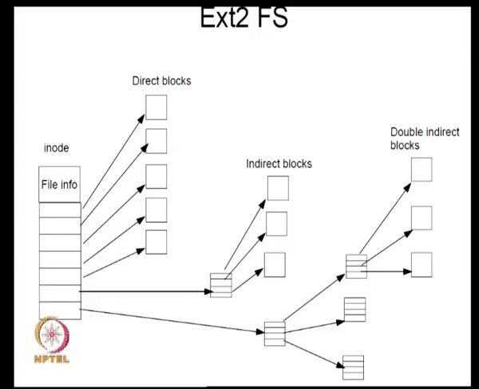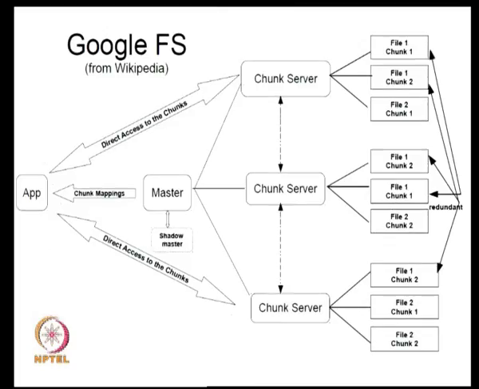Okay. The next one which I am talking about is what you might call a user based file system. This is the Google file system. Now, what we are talking about here is a system that uses information stored on this side and being accessed through an application.